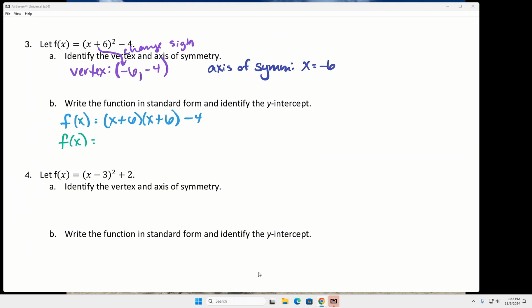All right, and then we have to do the double distributive property. So we're going to distribute the x, and then we're going to distribute the 6. All right, and then there's still that minus 4 that drops down.